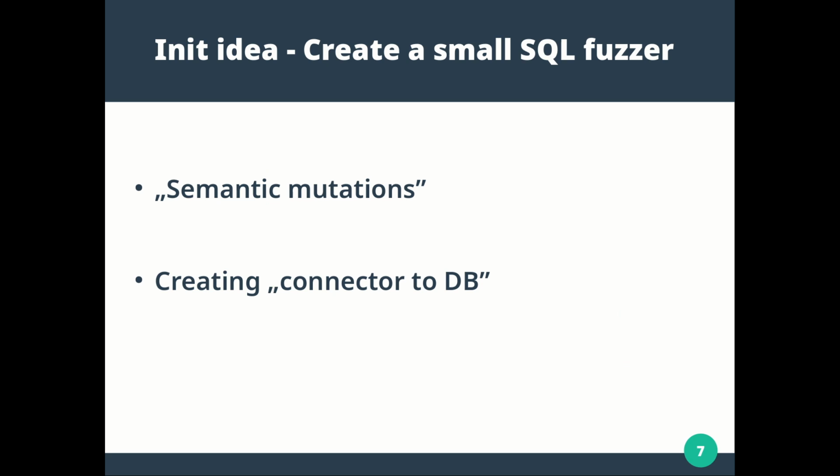First of all, a semantic mutation, because I decided to take a SQL command like select something, insert something, and mutate it, like add multiple A, multiple B, multiple C, etc. So the next part was the connection: connect to the database and use our semantic mutator. Yeah, so moving forward.